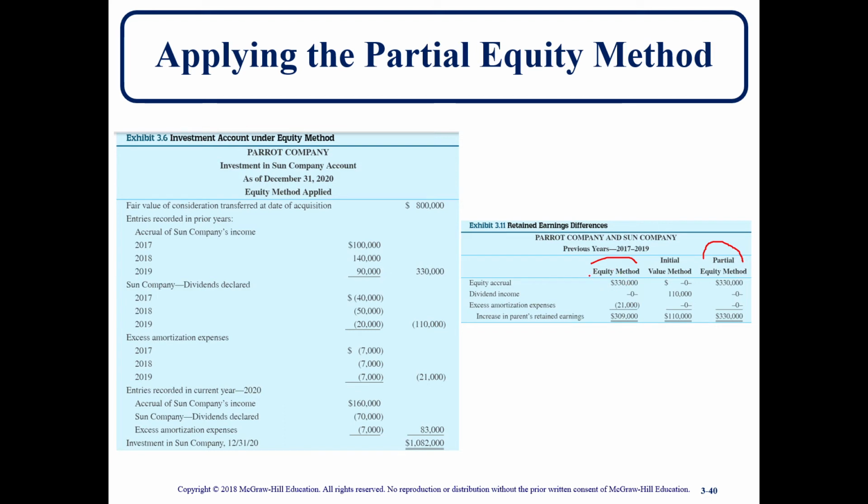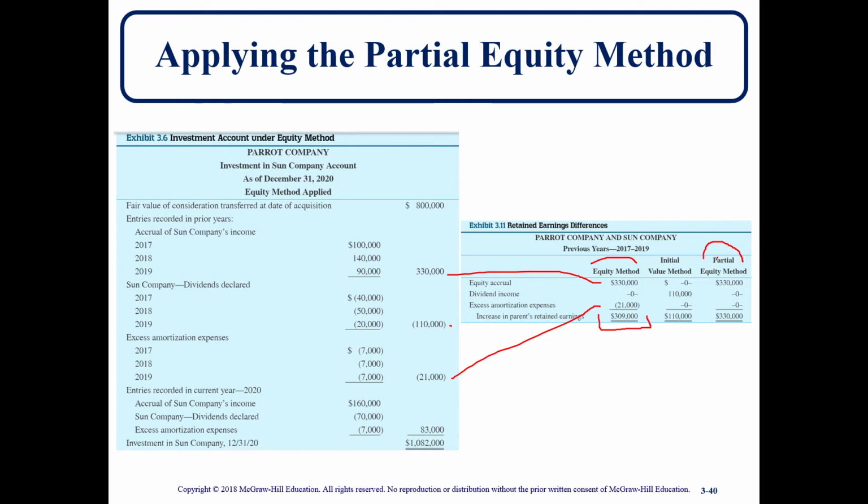So we're looking at beginning retained earnings, and then the accumulated income for those 3 years, and the accumulated amortization for those 3 years. So technically, the parent should have retained earnings related to this investment of $309,000, beginning retained earnings as of 2020.